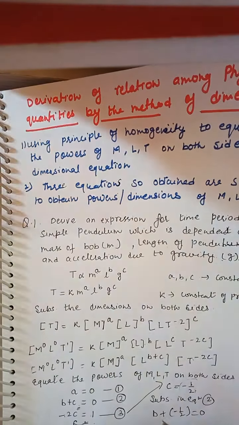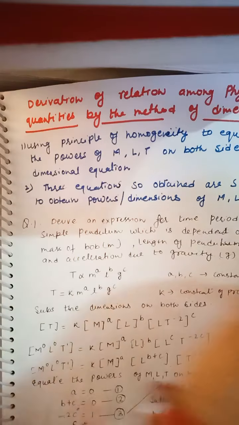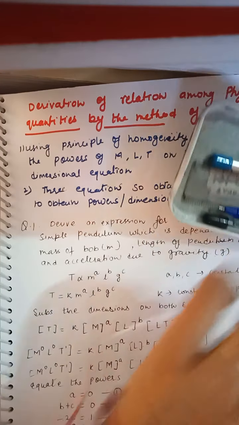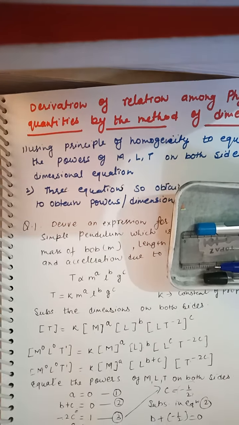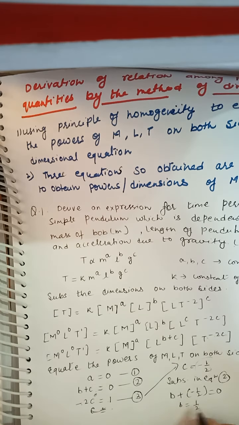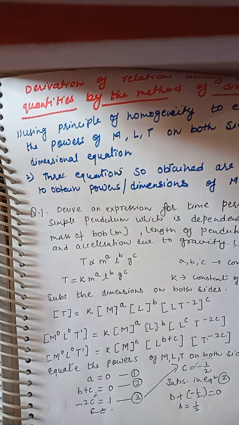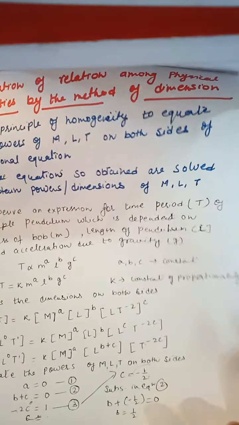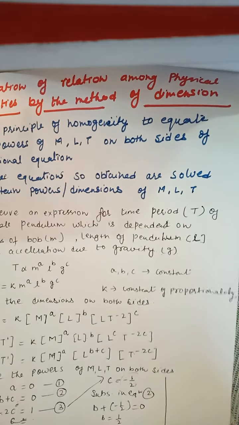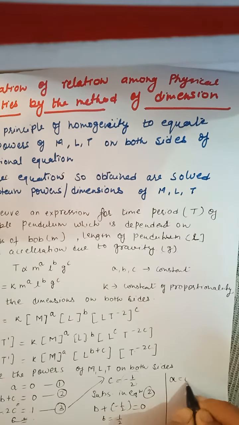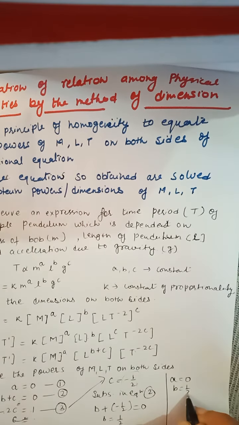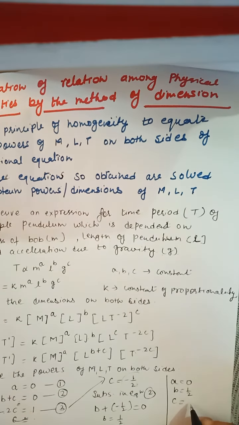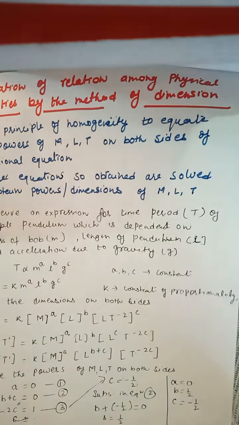From here the value of b comes out to be 1 by 2. Clear? So in this way you have got the three values: a is equal to 0, b is equal to 1 by 2 and c is equal to minus 1 by 2.